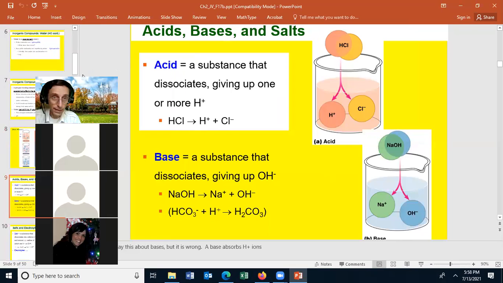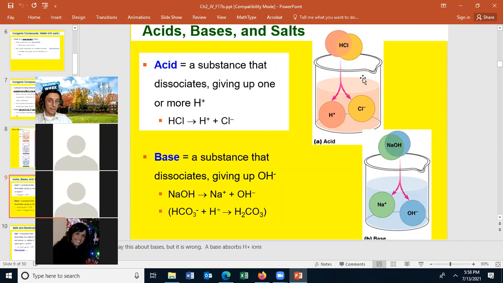Let's briefly talk about acids, bases, and salts. An acid is a substance that, when it dissociates, gives off H plus ions. So when we have HCl and put that in water, the HCl can dissociate into H plus ions and chloride minus ions.